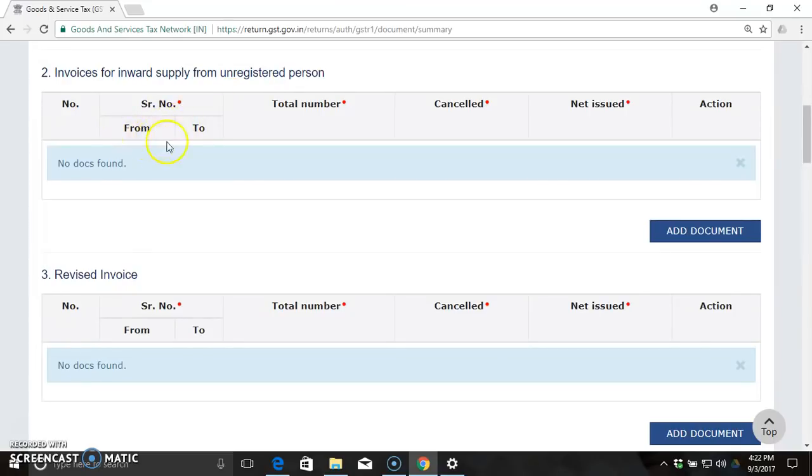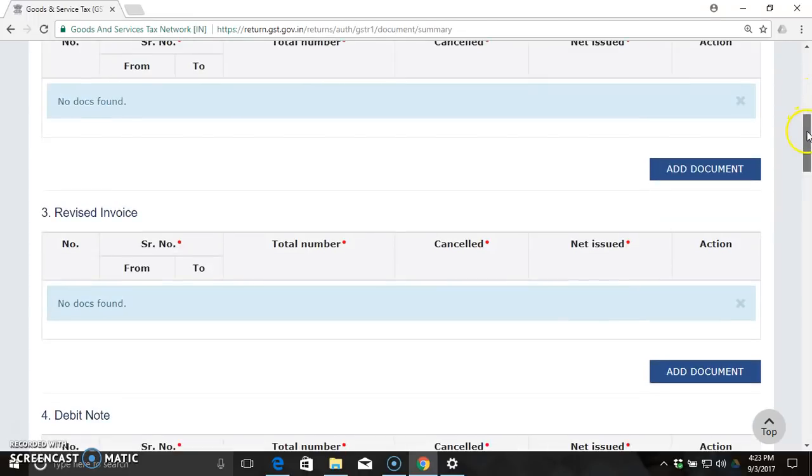So those details of the invoices have to be given over here. Basically, these are all self-invoices and the serial number of those self-invoices must be given here. Again, serial number starting from what serial number to the finishing serial number. So the total number of invoices raised for that period can be tracked here. Again, cancelled and net issued.